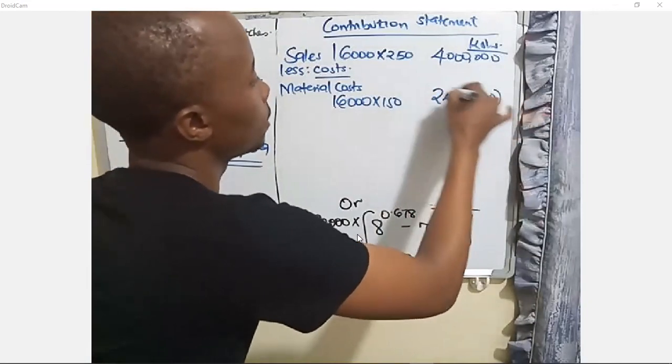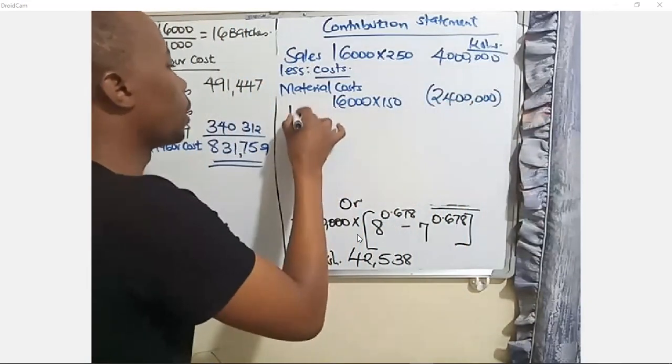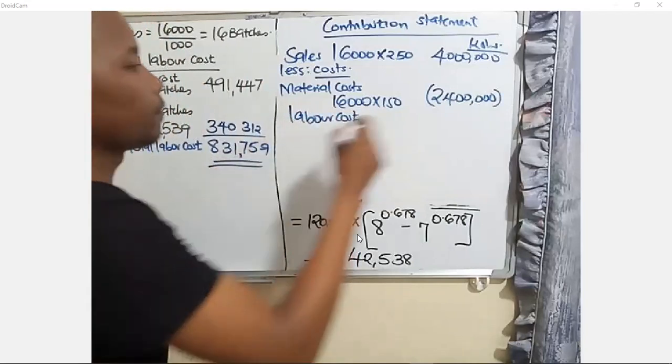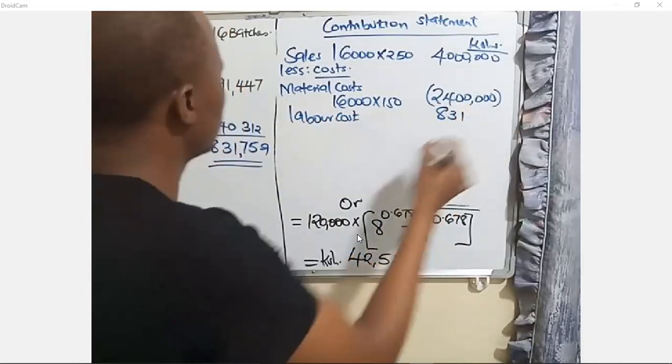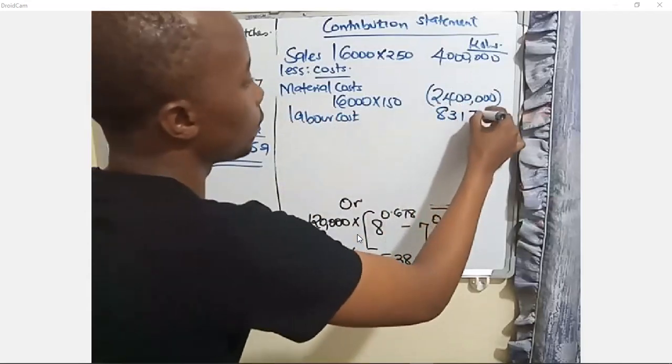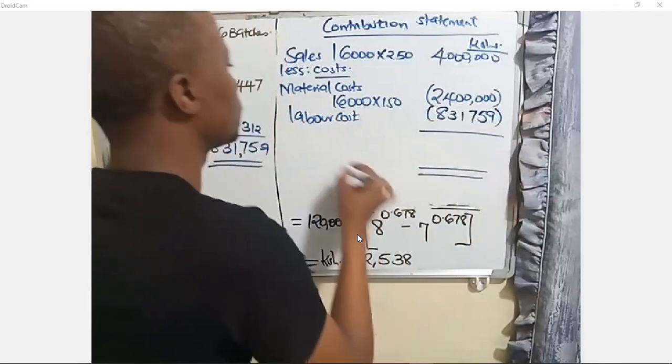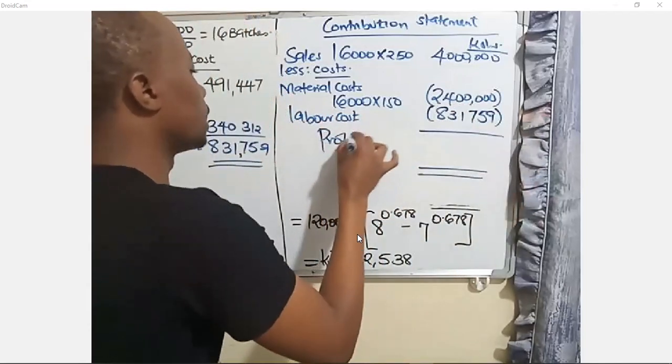Then we have our labor cost, which we already got: 831,759. So what is our profit? Because I know there is no other cost.